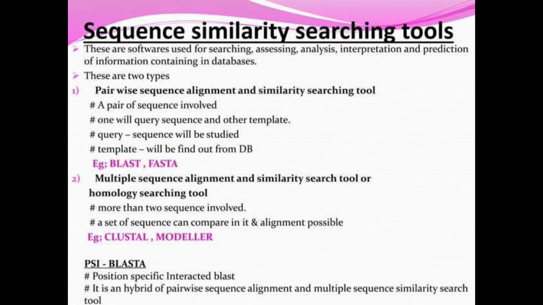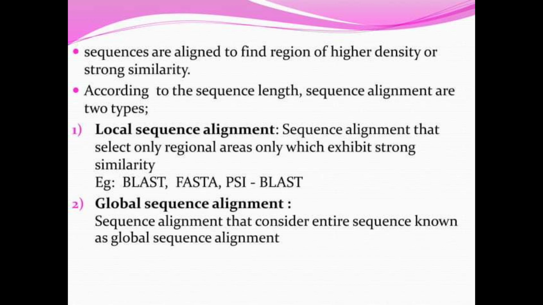Sequence similarity searching tools: there are 2 types, pairwise sequence alignment and similarity sequence searching tools. Examples are BLAST and FASTA. Homology sequence research is done by Clustal and Modeller.